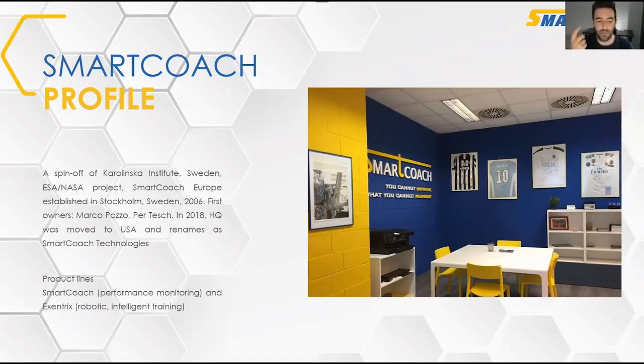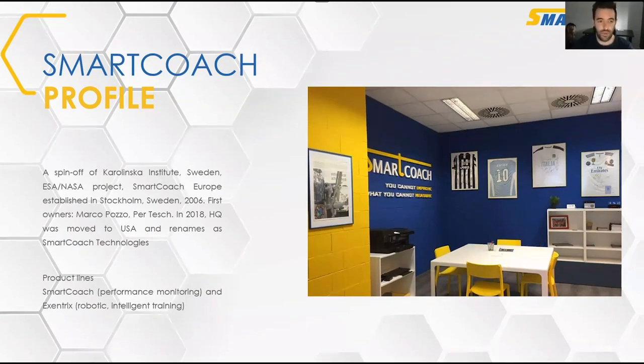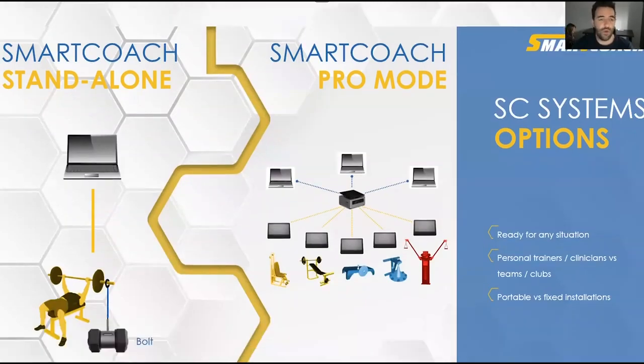It was involved in this MESSA project of the consultancy of Berg and Tesch. Actually, Tesch was one of the first owners of SmartCoach. Then they were divided, and they were there from the beginning. So the software allows very good monitoring of the flywheel. You have two kinds of functions.